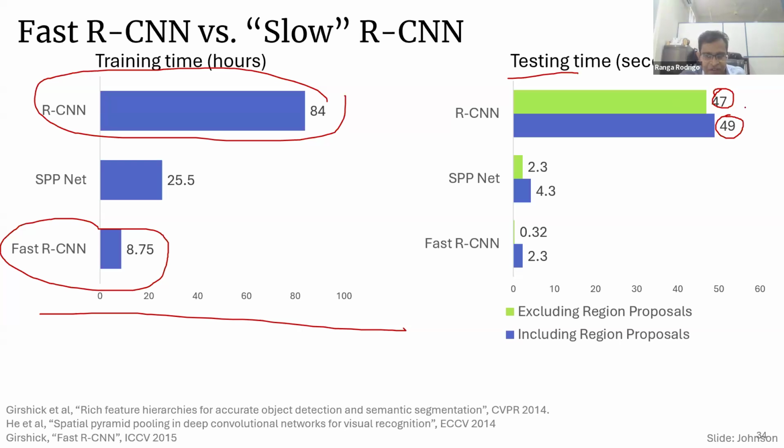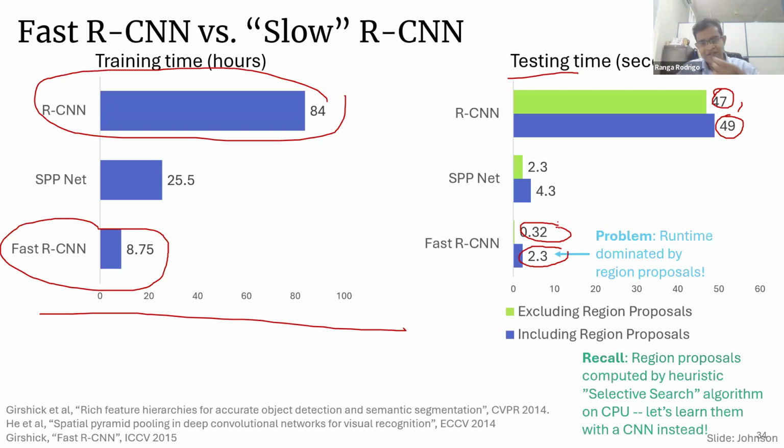For Fast R-CNN, the time including region proposals was 2.3 seconds, but excluding region proposals it is 0.32 seconds. Now you can see the proportion of time taken by the region proposals is huge. Therefore, people wanted to get rid of this region proposal step.